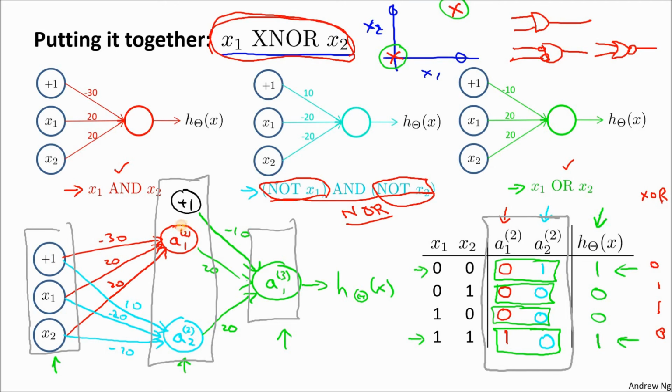First of all they are passed to this red node, and this red node is giving us the AND gate. Then there is another input coming from the same x1, x2 and bias term, and this time it gives us the NOR gate. So one node is AND and the other node is NOR.